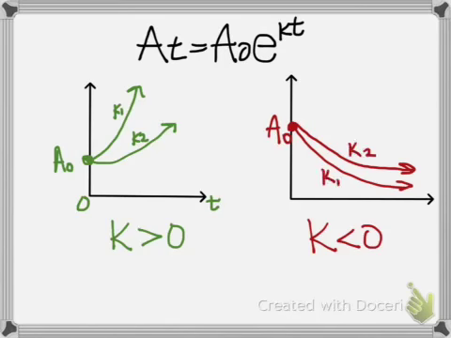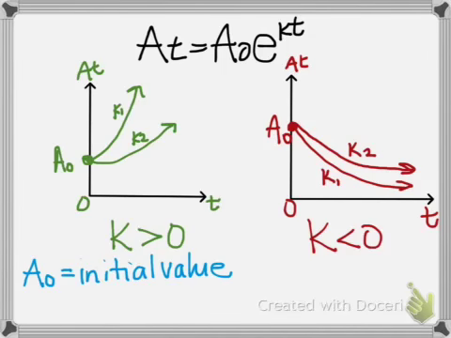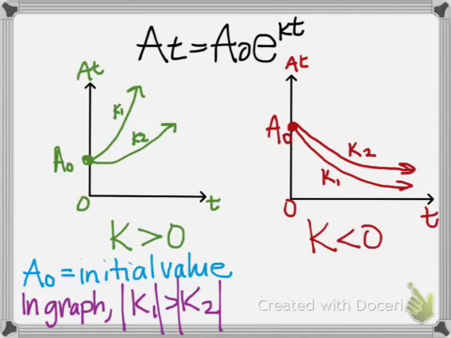A sub 0 is going to represent your initial value, and you should notice we have in each of these cases a k sub 1 and a k sub 2, and in these cases on the graph, k sub 1 is bigger than k sub 2. And when I say that, what I really mean is the absolute value of k sub 1 is bigger than k sub 2.